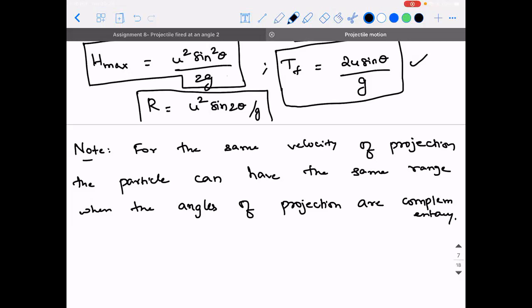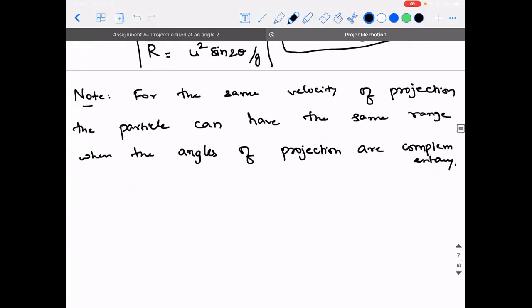Complementary means if one is theta, the other should be 90 minus theta. Let's try to prove it. So let's see the proof for it.